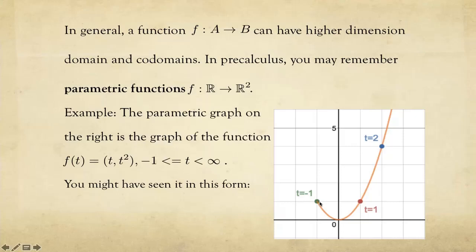When t is -1, you get the point -1, 1. When t is 0, you get the point 0, 0. As t increases, we have this graph that increases like this. You might have seen this in precalculus in this form, where x of t is t and y of t is t squared. So again, this is a parametric function.